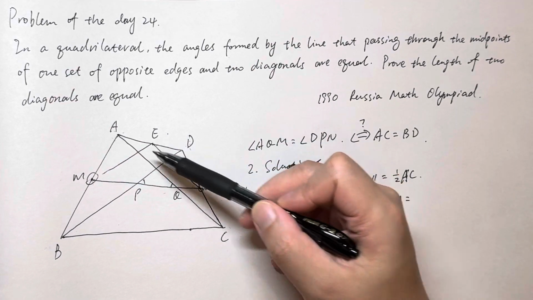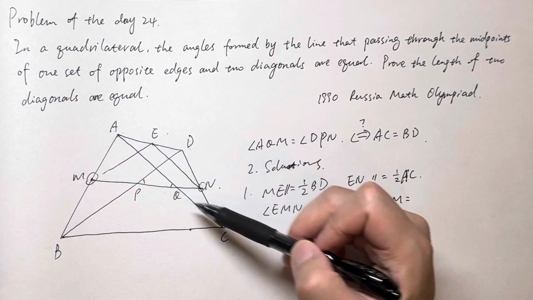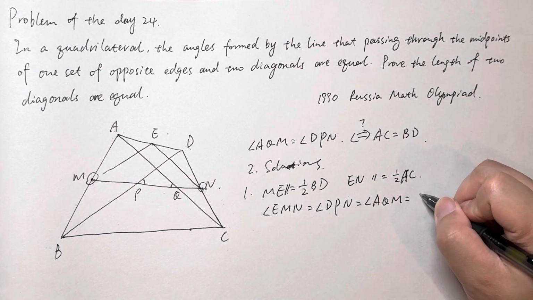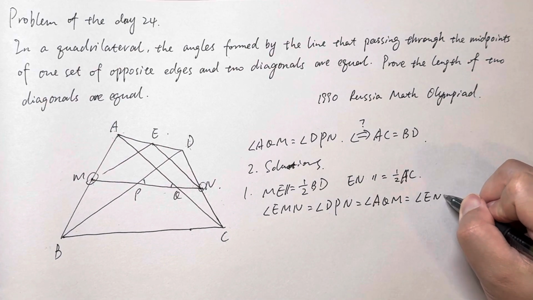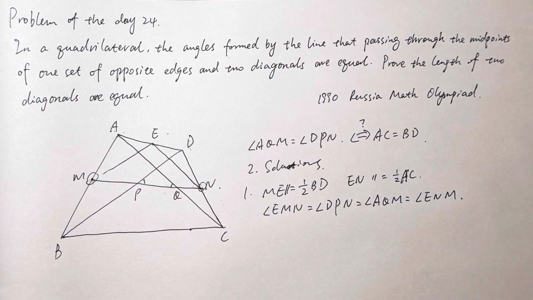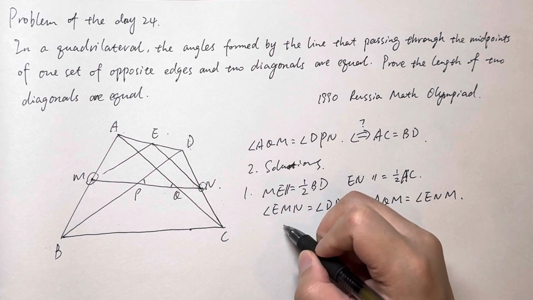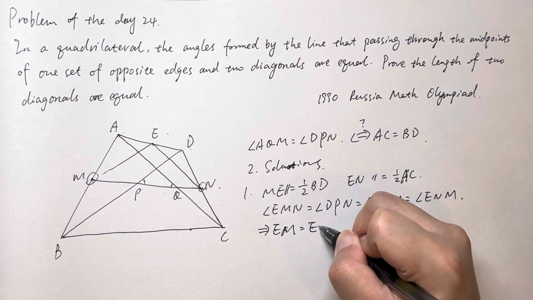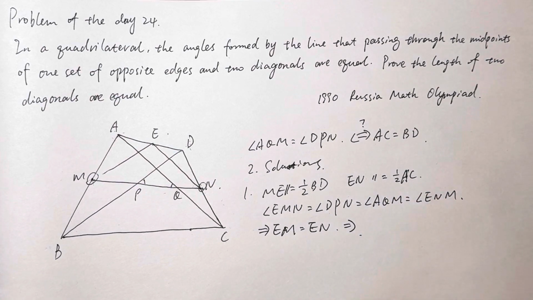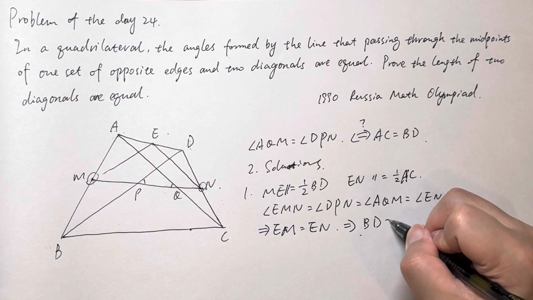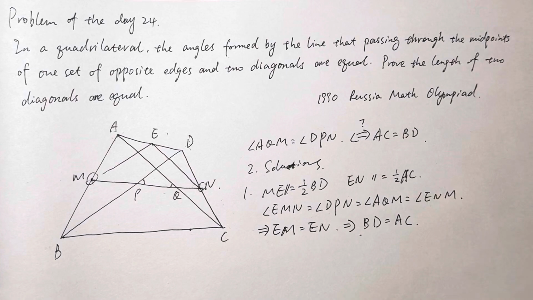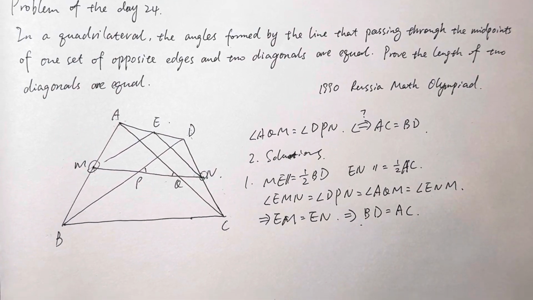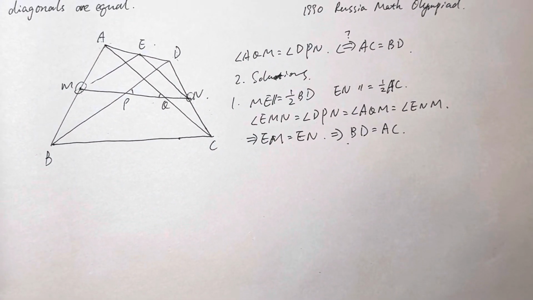Because EN is parallel with AC. So it equals angle ENM, which makes EM equal to EN, which means BD equals AC.